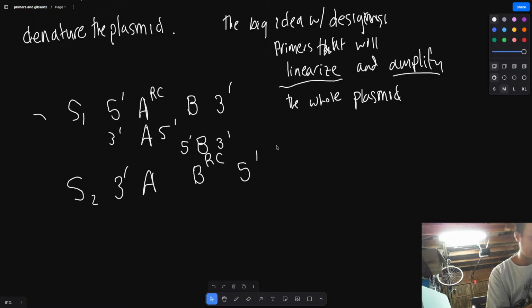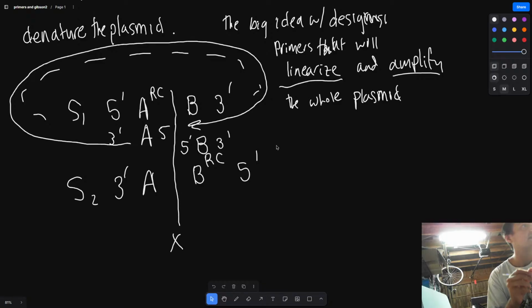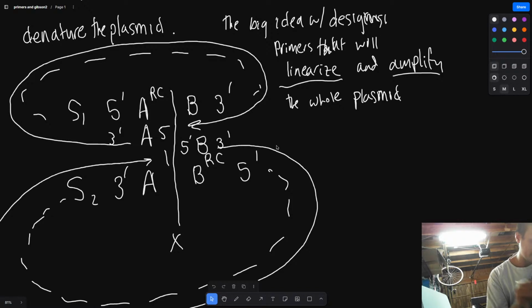So if we have this loop here, then A is going to follow the loop and come back here until X. So this is still X. Same thing here. We're going to have this loop, and B is going to elongate and follow this loop to here.